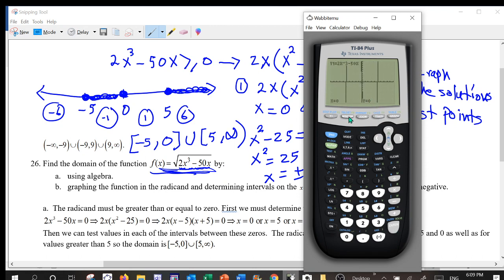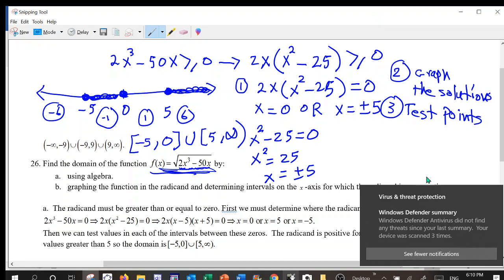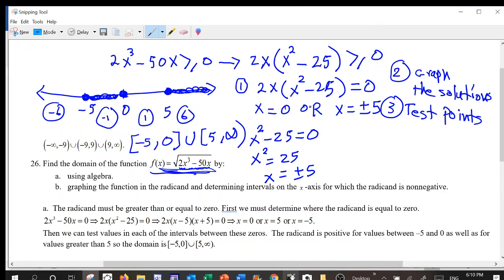Here we go. Forgot to put trace. And then zoom out. So you have to keep zooming out in order to see it. Otherwise you don't see it.